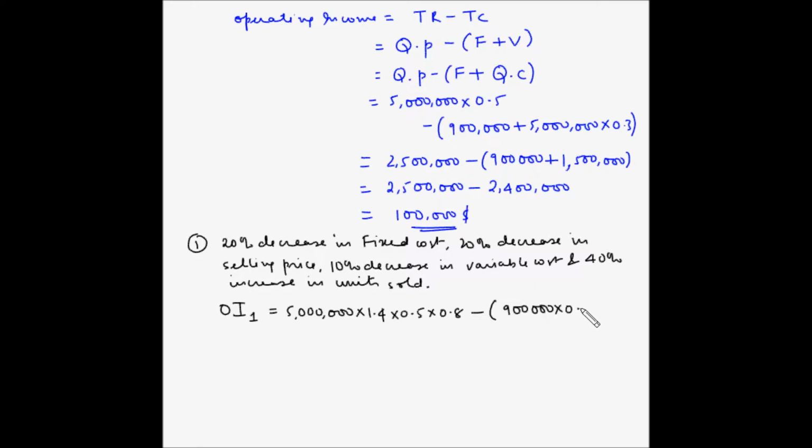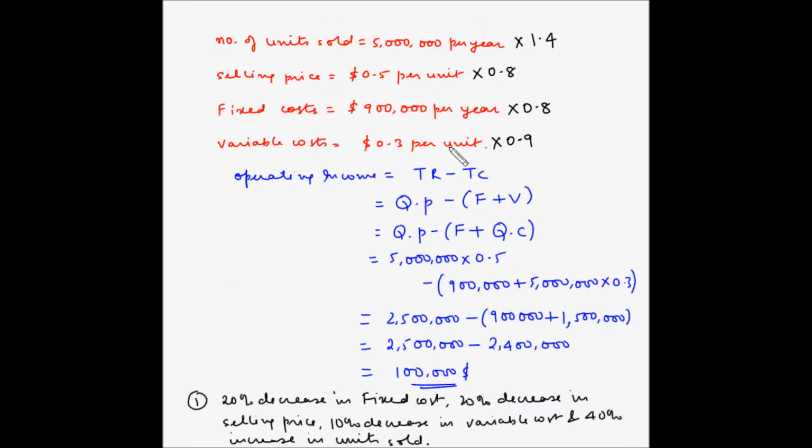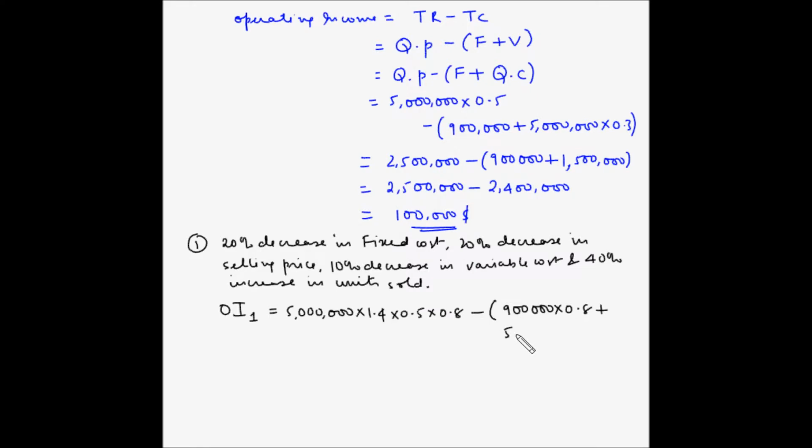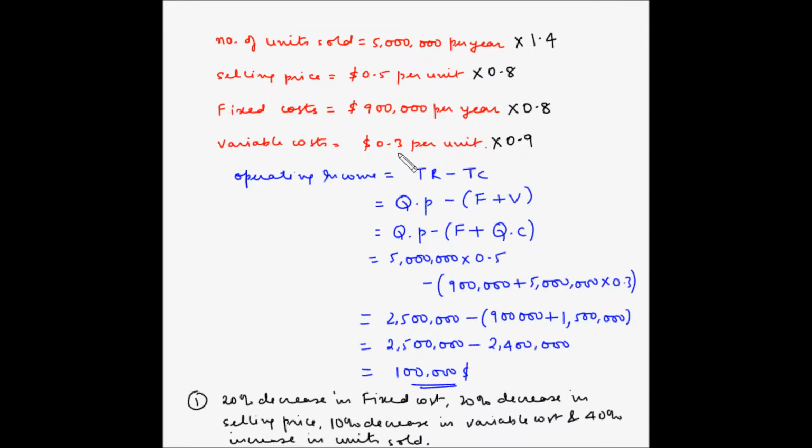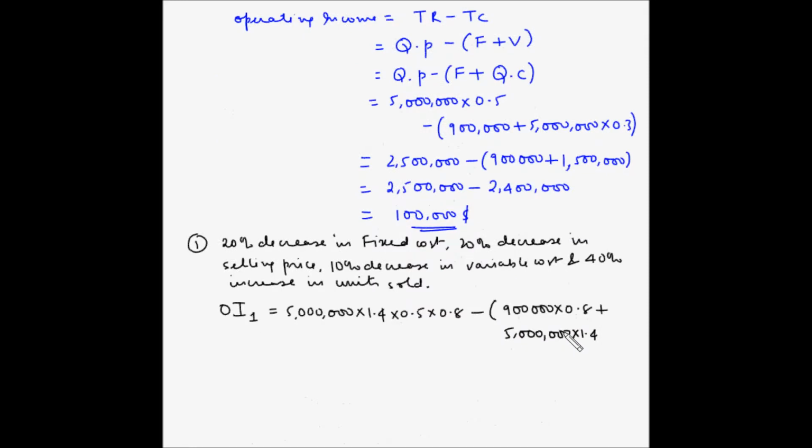Plus Q, which is 5 million multiplied by 1.4, multiplied by C, which is 0.3 multiplied by 0.9.